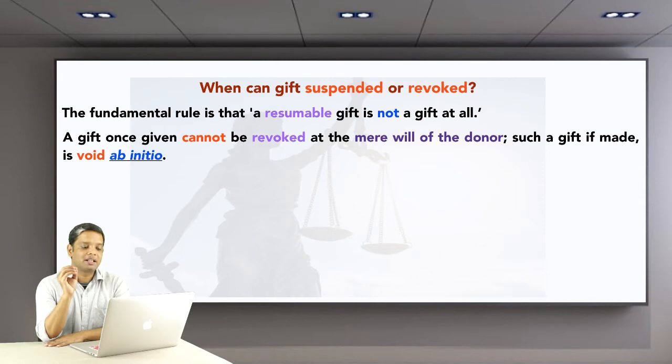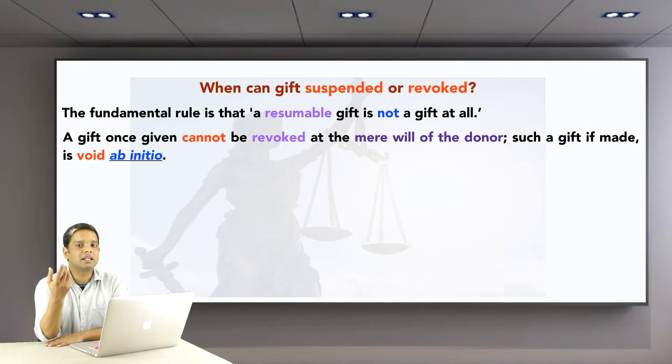Such a gift is made is void ab initio. So a gift is a gift. You cannot gift something and then want it returned, whether it is written or not, whether it is registered or not, depending upon the nature of the gift that you have given.